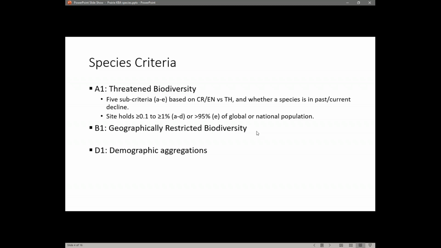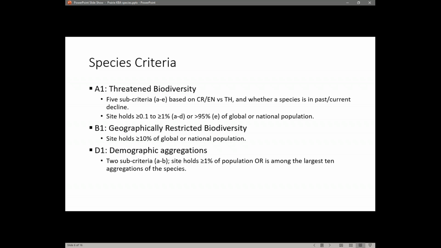There's way more detail that goes into this. The B1 criterion is geographically restricted, so a site would hold greater than 10% of the global or national population of those species. And for the demographic aggregation, there are 2 sub-criteria. A site can hold greater than 1% of the population, or is among the largest 10 aggregations of the species.